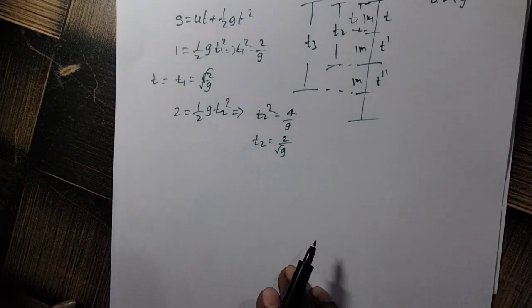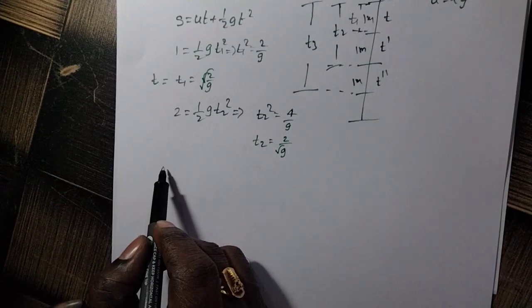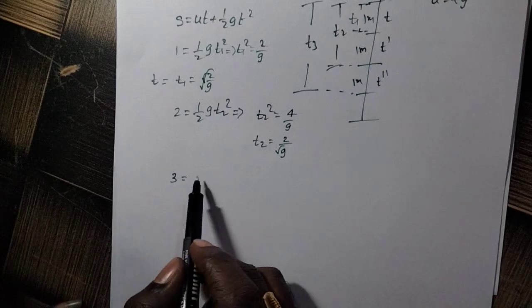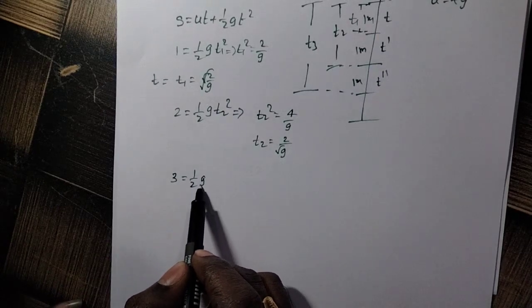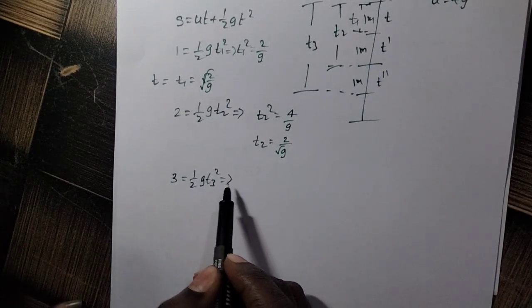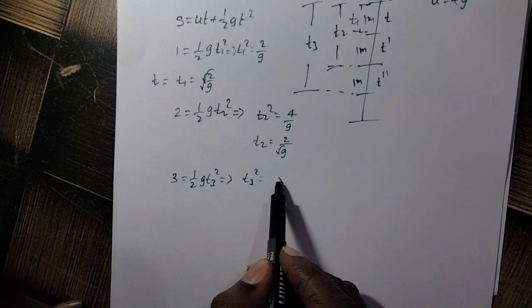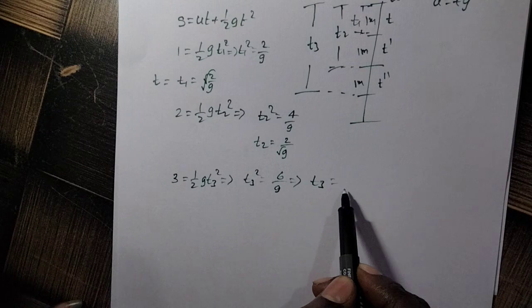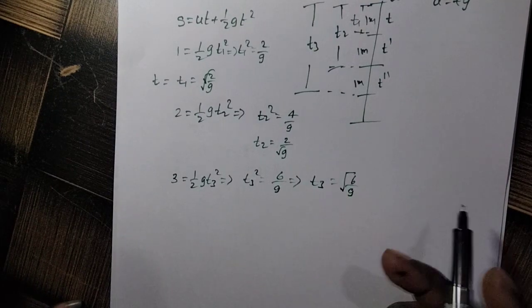And next, for 3 meters, 3 equals half g t3 square, that implies t3 square equals 6 by g, so t3 equals root 6 by g.